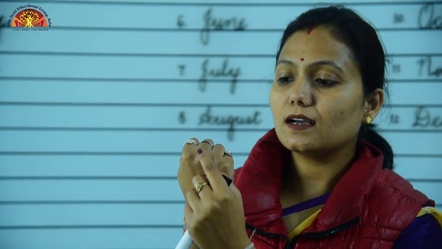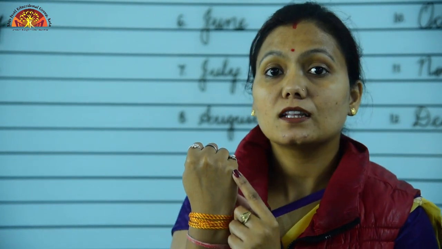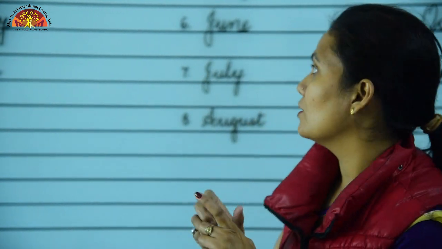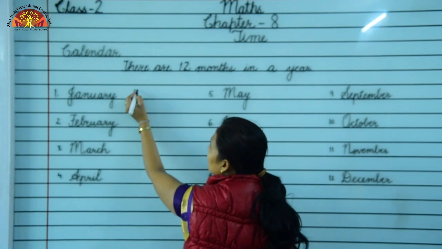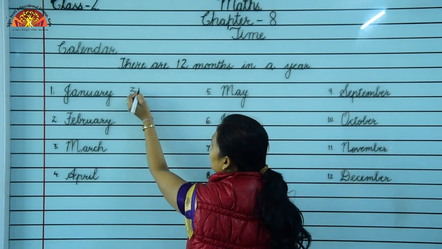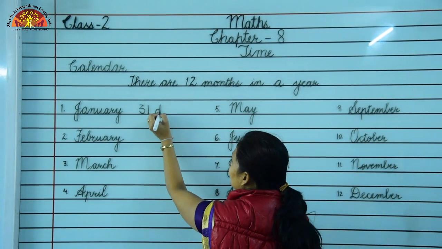The months on a knuckle have 31 days, right? So, we can say January has 31 days.